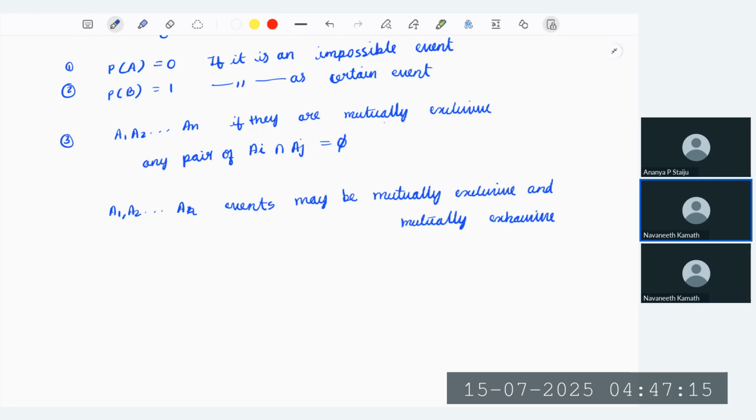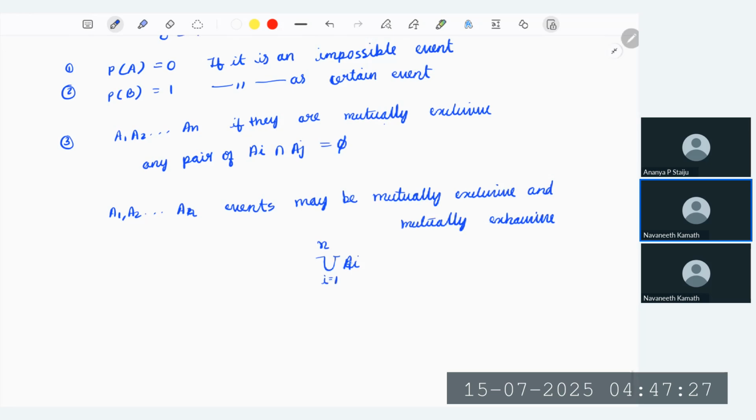Mutually exhaustive means that if I take the union of all the events, i equal to 1 to n, then the sample space minus that union will be equal to a null set. So I'm taking the set difference here.